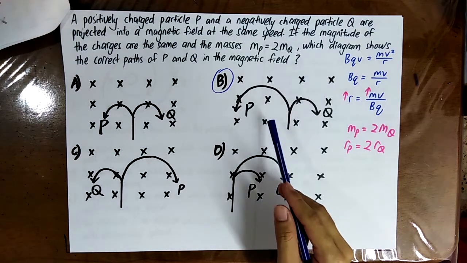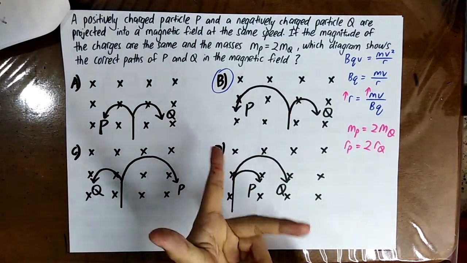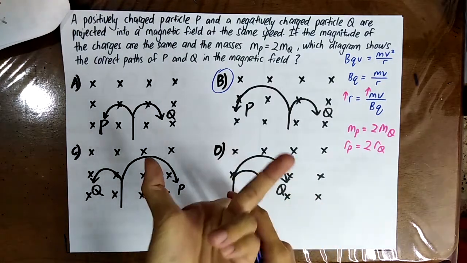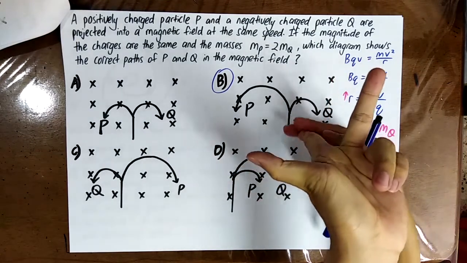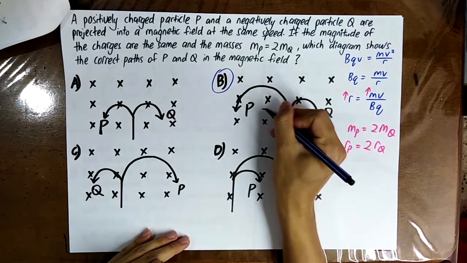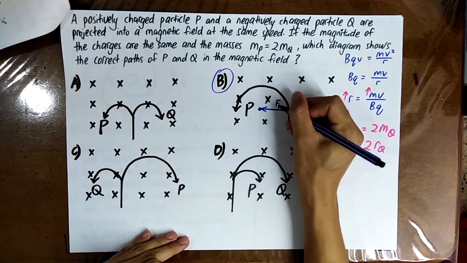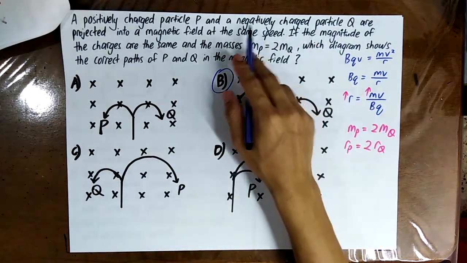And then you know that P is positively charged. That means that if you use Fleming's left-hand rule, if this is P, this is the direction of the magnetic field, and this is the direction of the velocity, therefore the direction of the force is here, which is to the center of the circle. And then you know that Q is negatively charged.